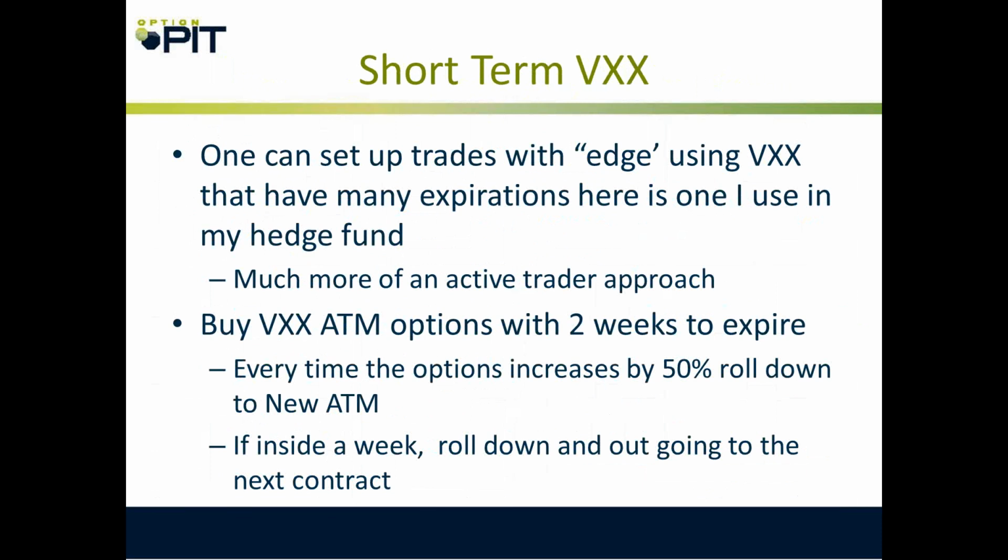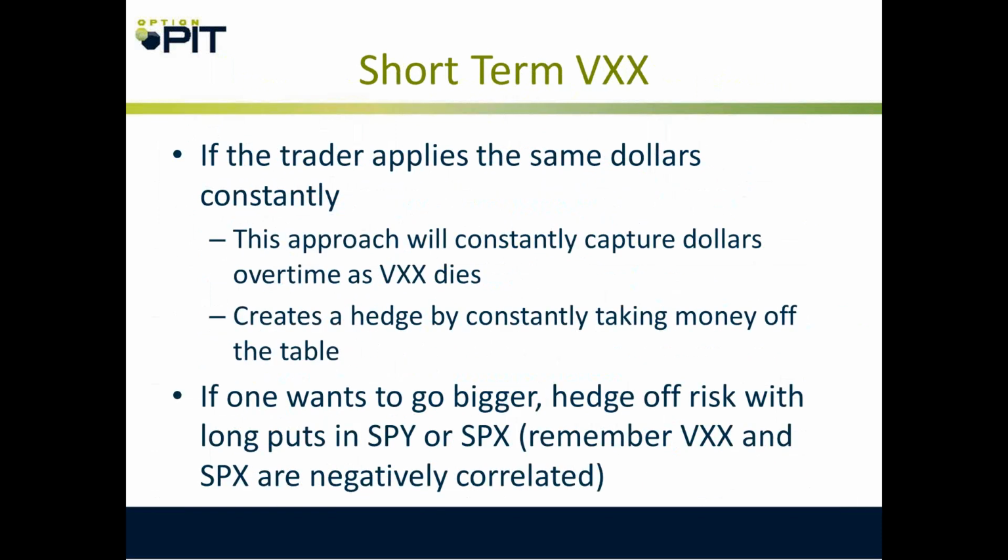If inside a week, I roll down and out to 2 weeks, and sometimes 3 weeks, depending on implied volatility. If the trader applies the same dollars, you'll sock away cash, so you're kind of hedging yourself. But if you want to go bigger, you can hedge off risk in SPY or SPX.